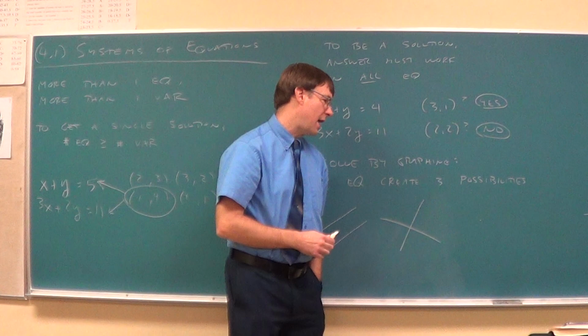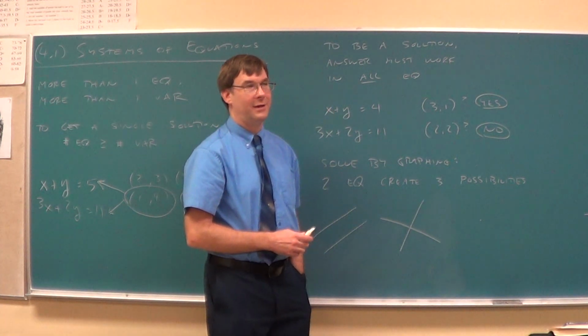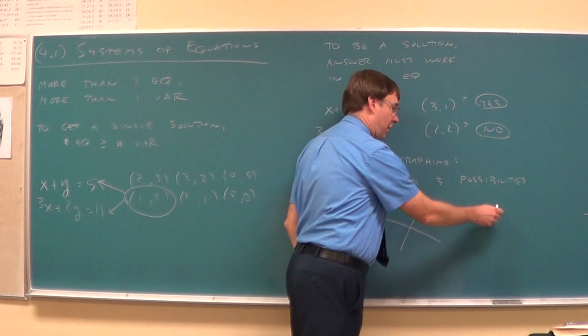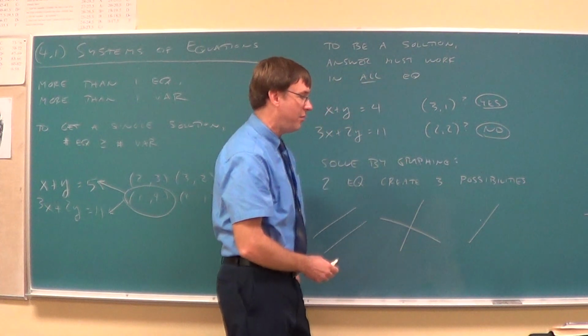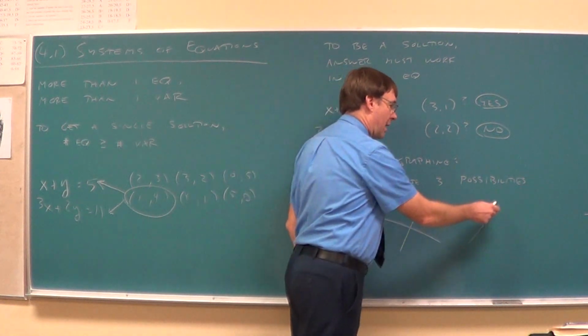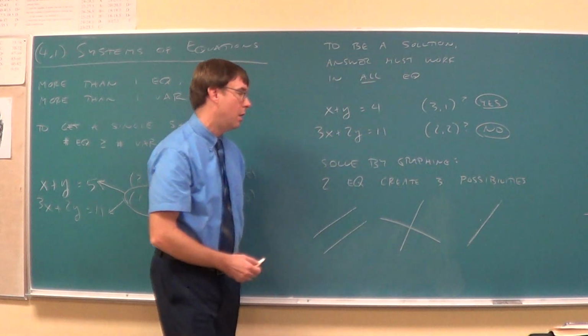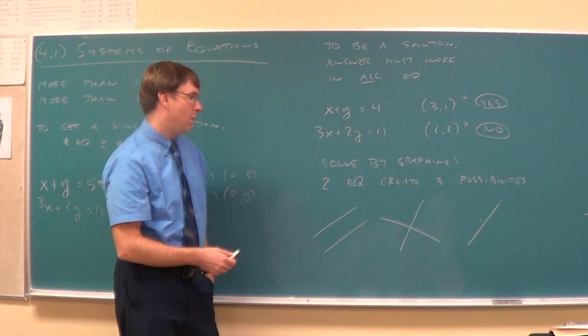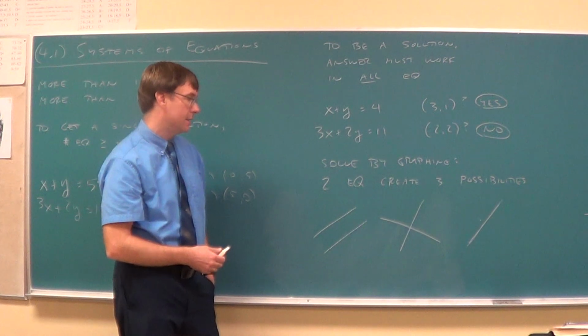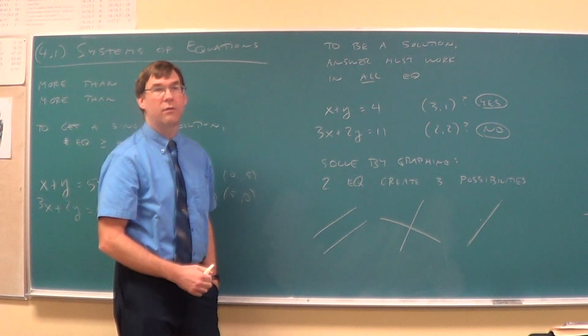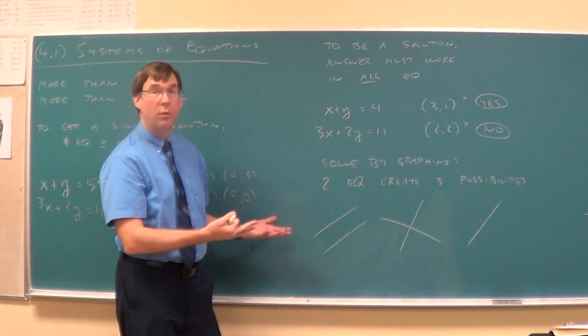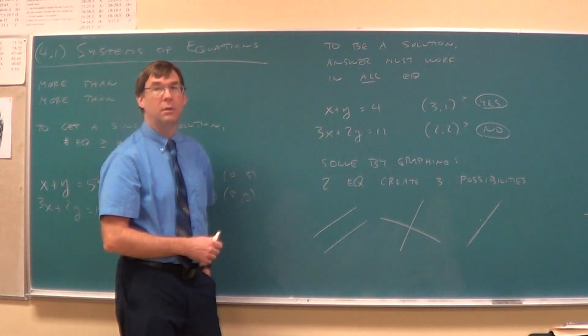And then there's a third kind of weird scenario: if they just stacked on top of each other. You might do line number 1 on your graph paper, and then when you go to do line number 2, it just stacks right on top of line number 1. Does anybody have a thought, once we're looking at these 2 lines, of where we would look for how the answer is found? Where is the answer?